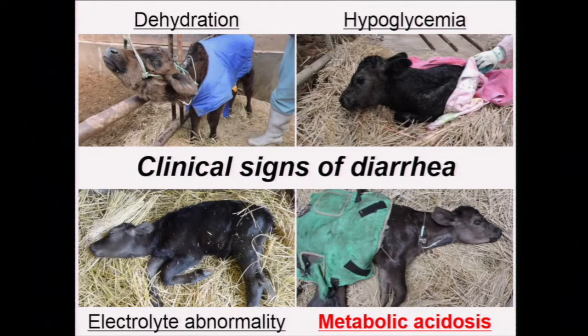Diarrhea causes 4 main symptoms, including dehydration, hypoglycemia, electrolyte abnormalities, and metabolic acidosis. Although all 4 are very important and may result in death, my primary focus is on metabolic acidosis.